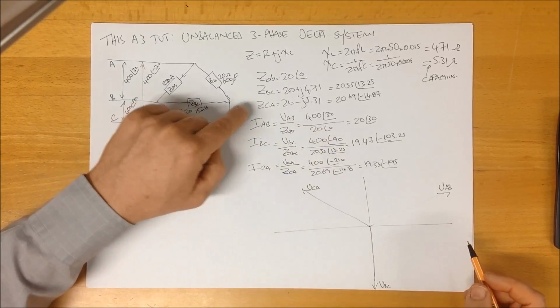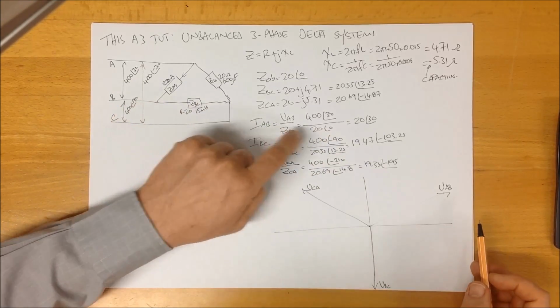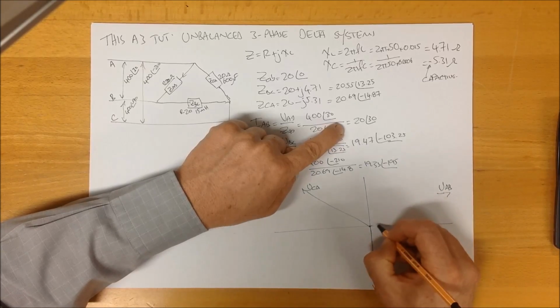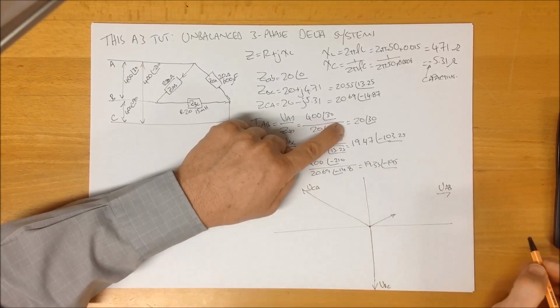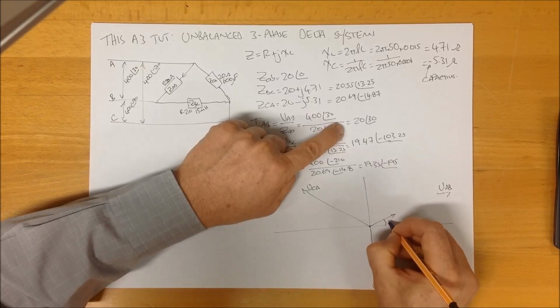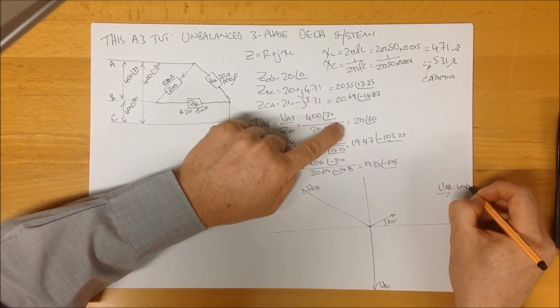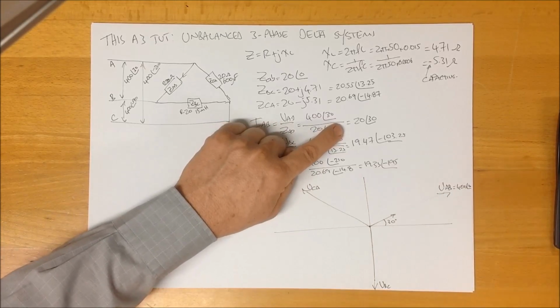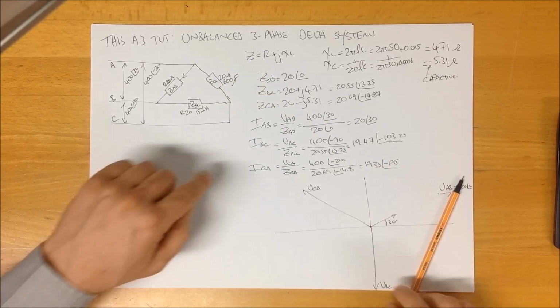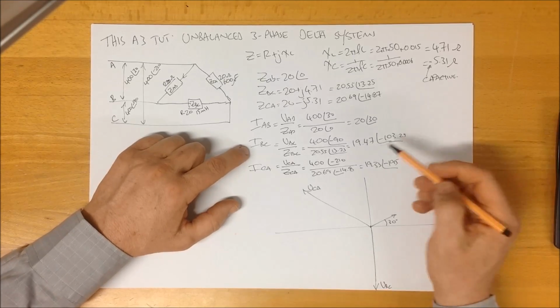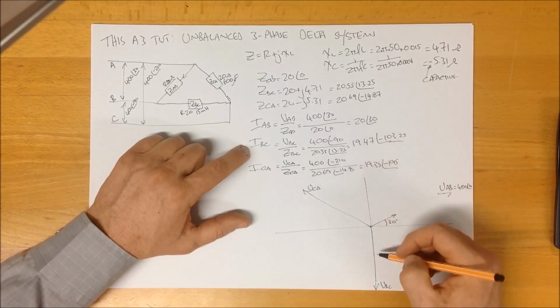We can put in our currents. Our IAB current is 20 at 30. There it is there. Our BC current can be plotted at 19 at minus 103.